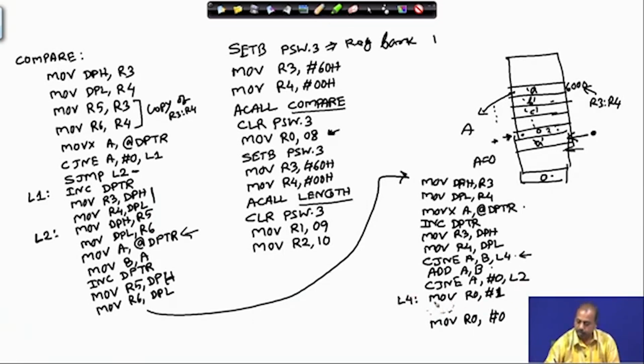Yeah, so there should be one SJMP here, some L5, and in L5 I should have the return part. Okay. So, that will do this thing correctly.